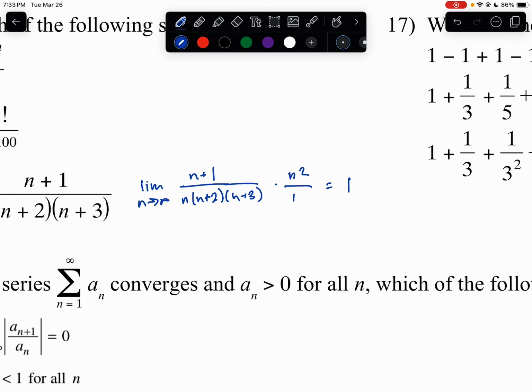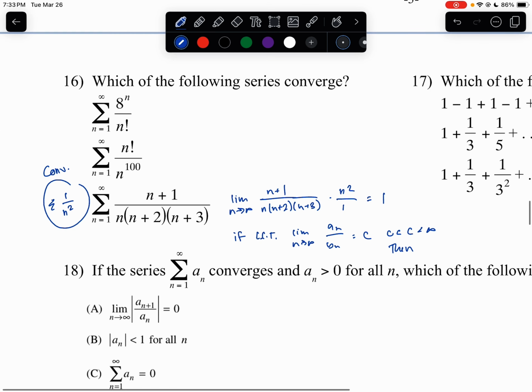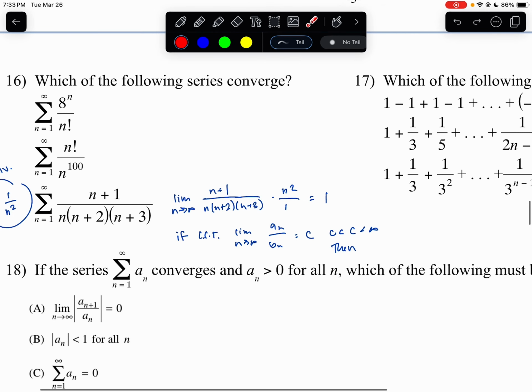By the limit comparison test, if the limit as n approaches infinity of a sub n over b sub n is equal to some constant between 0 and infinity, then they both converge or diverge, depending on whichever one you're comparing it with. In this case, the comparison converges. We get a constant, so both series are going to converge.